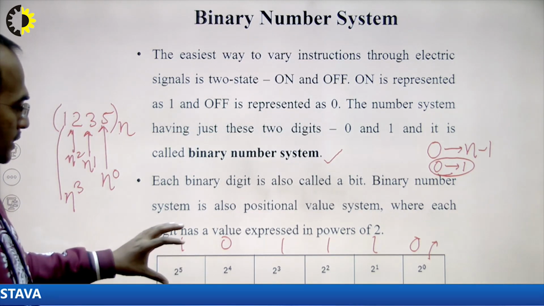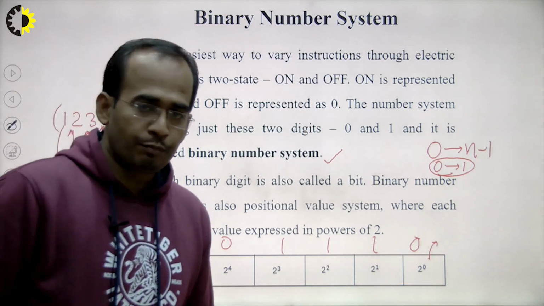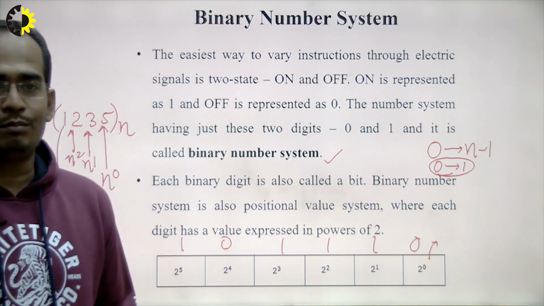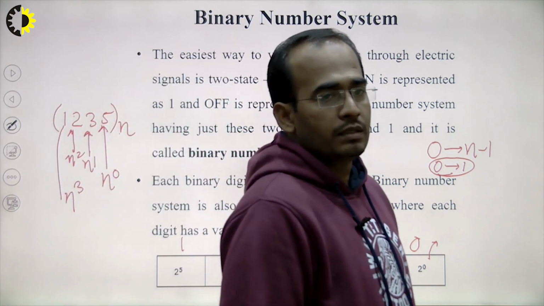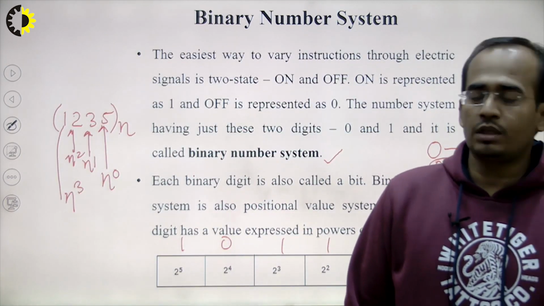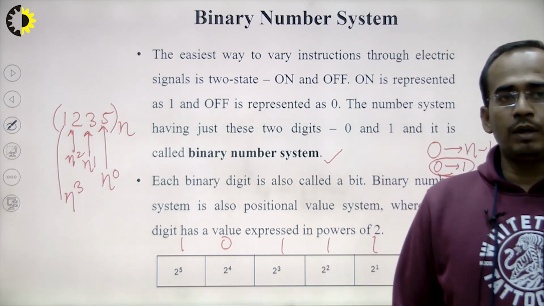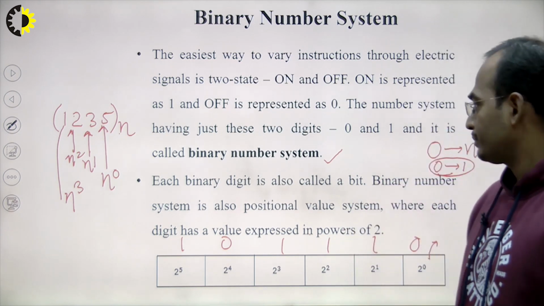So, by using the weight of the position, I can convert this binary number into the decimal number system. Each binary digit is also called a bit. The binary number system is a positional value system by which we can find the decimal number of a binary number.